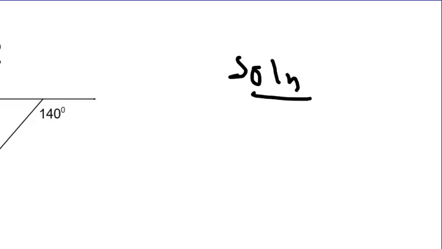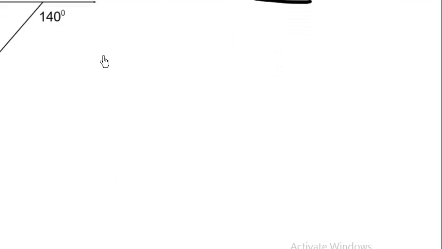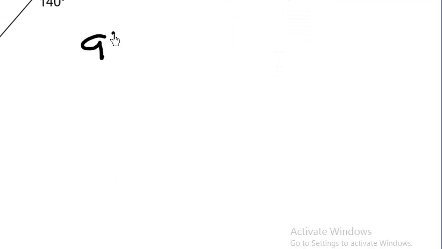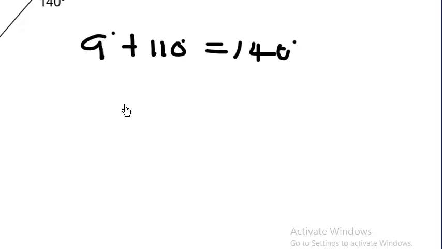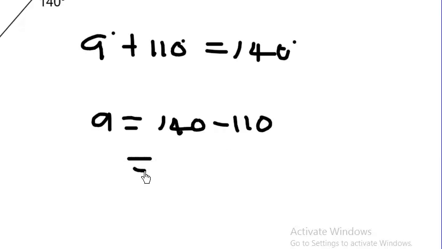So the two opposite interior angles, A degrees plus 110 degrees, should always add up to 140, which is the exterior angle. Now my A will be equal to 140 minus 110, and this will give us 30 degrees.